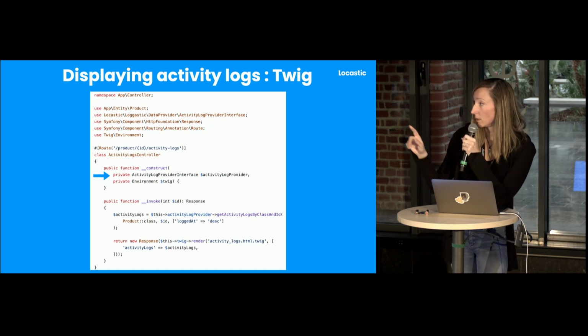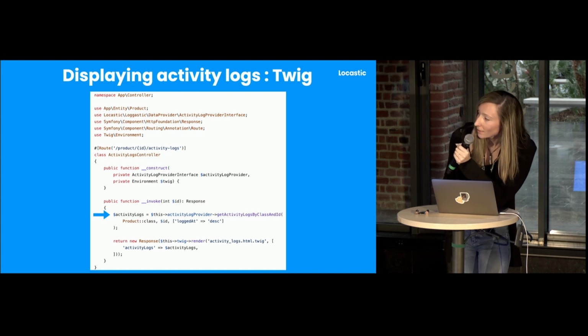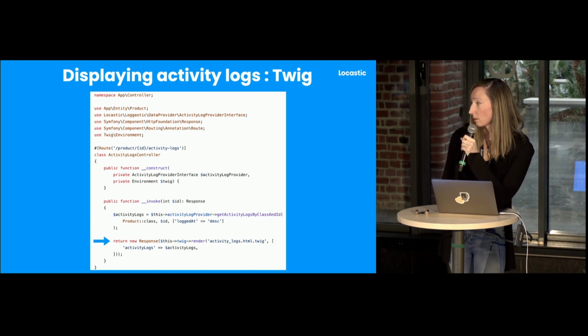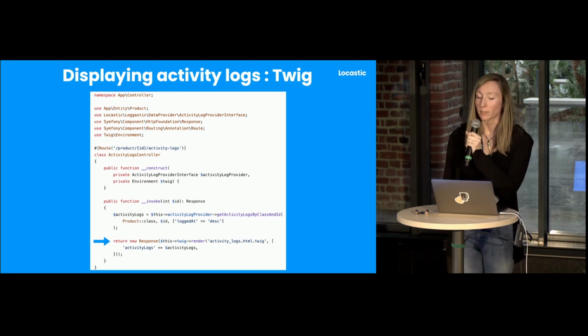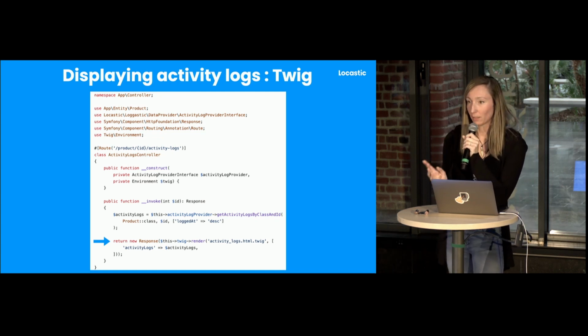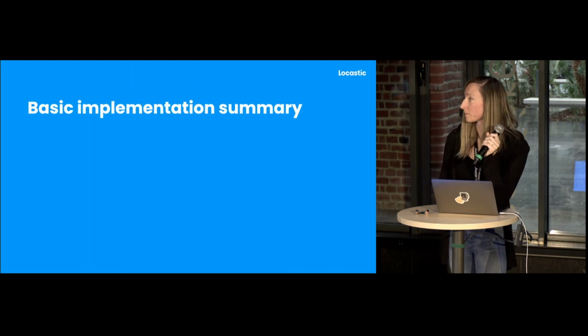So here is the injected class and the fetching of the activity logs, which are returned to the Twig view. I don't have an example of the HTML that is shown in the Twig because that's something that's mostly different on each project regarding the design of that project.